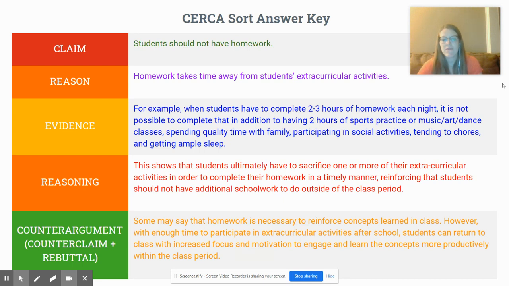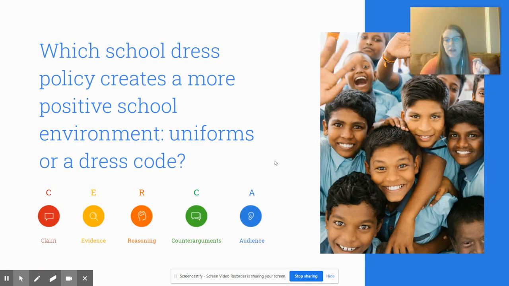I think I will leave it at that. I do think they give one more. Maybe I'll just click through it in case you want to have it as a review. Which school dress policy creates more positive school environment, uniforms or a dress code?